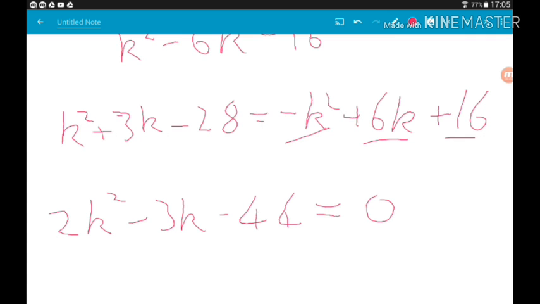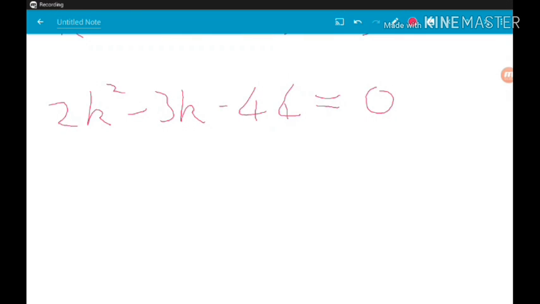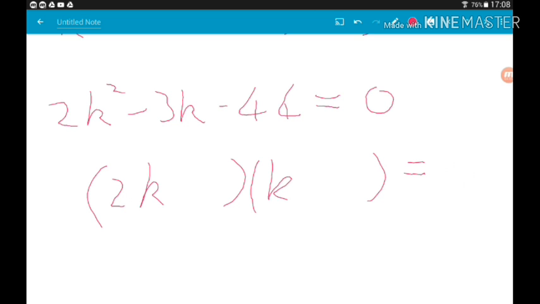We now need to solve this quadratic for k. Believe it or not, we can factorise this. I know it doesn't look very nice, so you could complete the square or use the formula. It factorises to 2k in one bracket, k in the other. Now, what multiplies to 44? Well, 11 and 4 works.